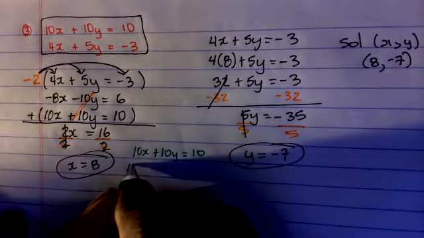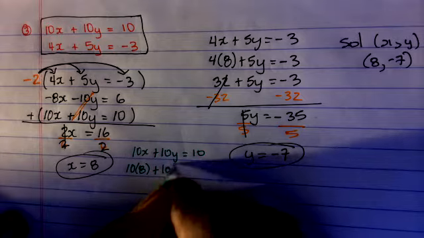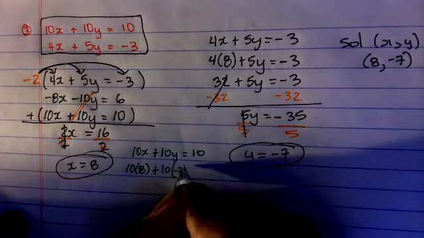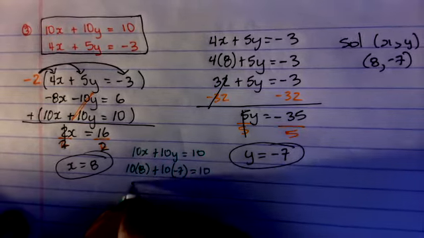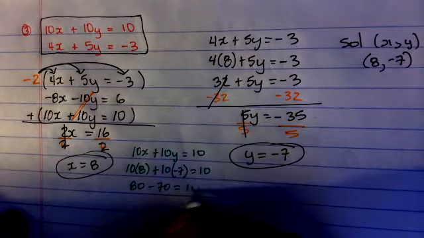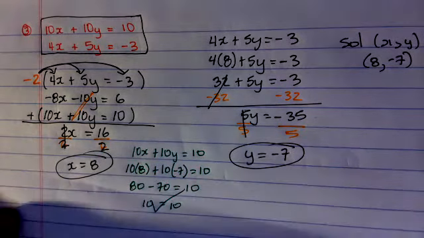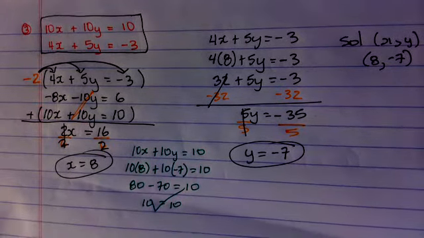So it's 10 times 8 plus 10 times -7 equals 10. We have 80 minus 70 equals 10. 10 equals 10. Boom, so that's how we know that that's correct.